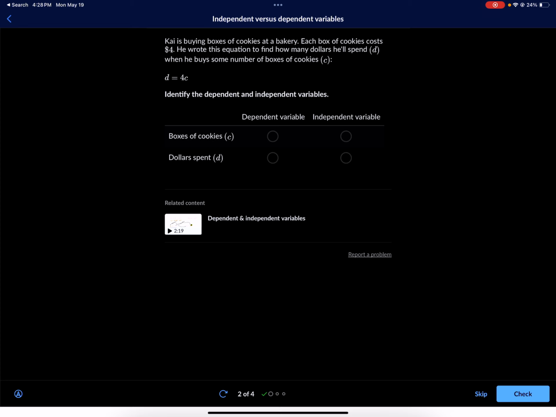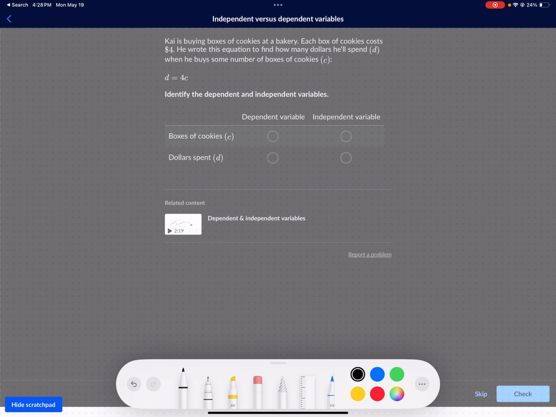So Kai is buying boxes of cookies at a bakery. Each box of cookies costs $4. He wrote this equation to find how many dollars, D, he'll spend when he buys some number of boxes of cookies. So first, he's determining the cookies, because when he buys some number of boxes of cookies, it means he's going to buy cookies first and multiply that by 4.